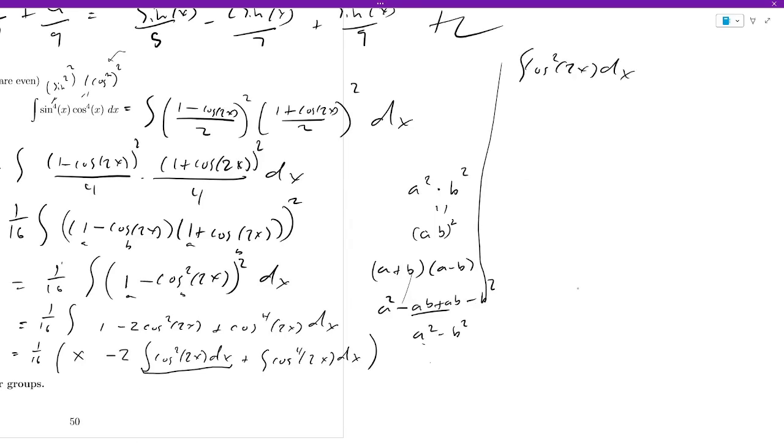Now we basically just have to use our same identity as before. So I want to use my identity, which was this guy, cosine squared of x equals that guy, right? We have to be a little bit careful here because this cosine squared has a 2x inside it already. That means I'm going to have a 4x when I use my identity.